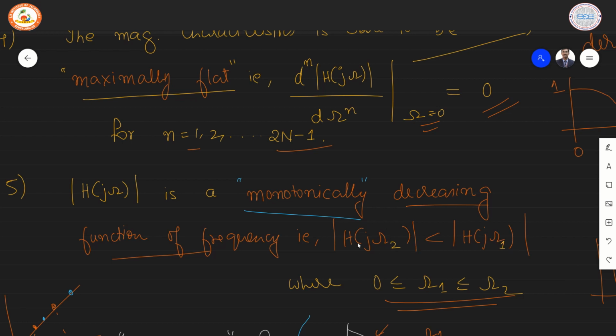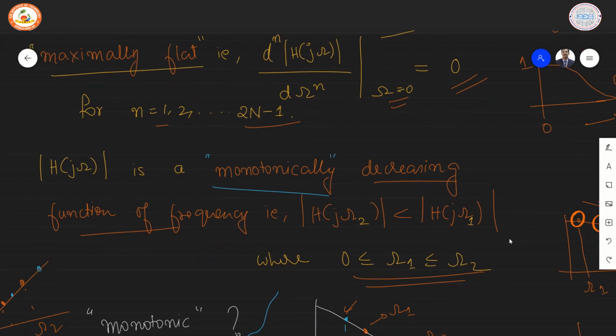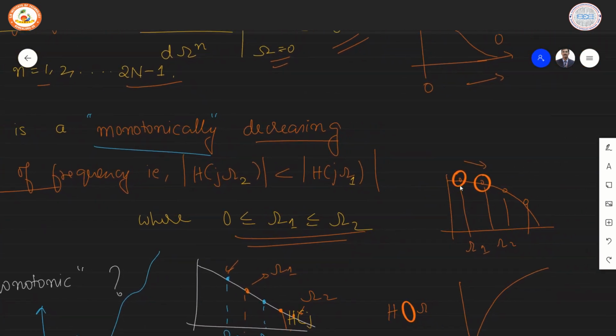Now, the value of |H(jω2)| will be less than that of |H(jω1)|, provided the frequency omega 2 is more than omega 1. In other words, if you take any 2 points on the curve and identify the frequencies omega 1, omega 2, where omega 2 is greater, the gain at the higher frequency is less than that at the lower frequency. And this is true for any pair of frequencies omega 1, omega 2 on the curve.